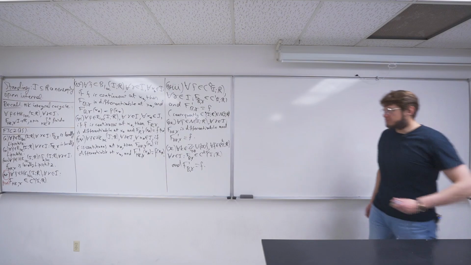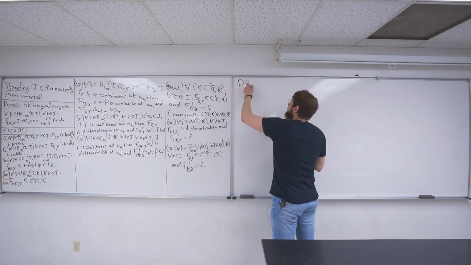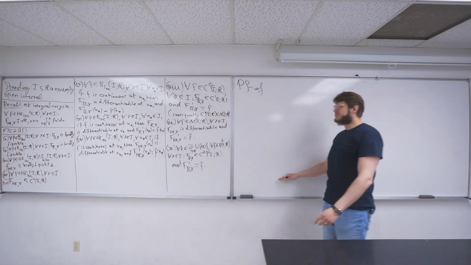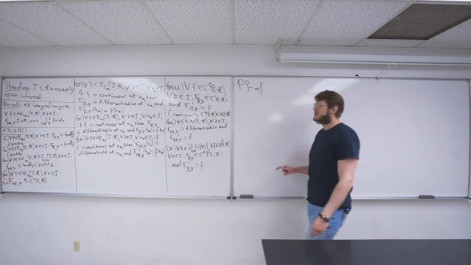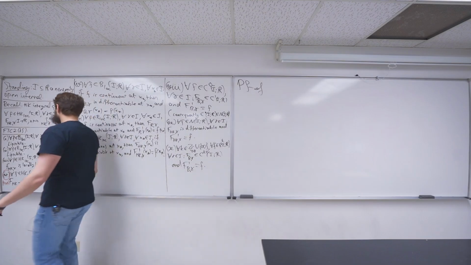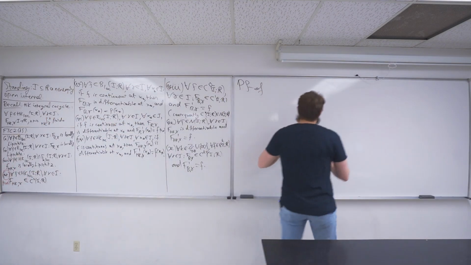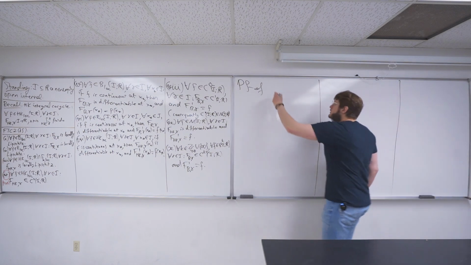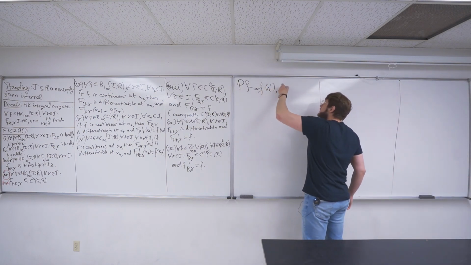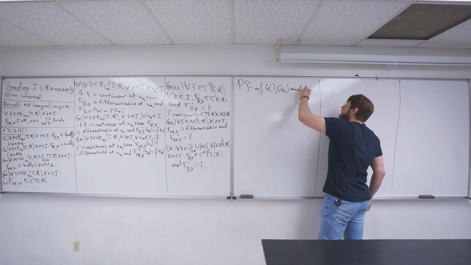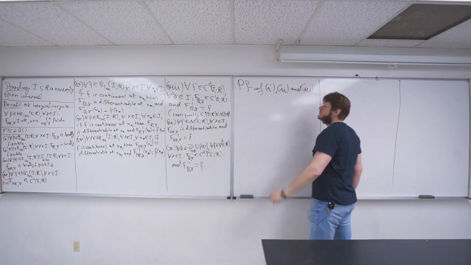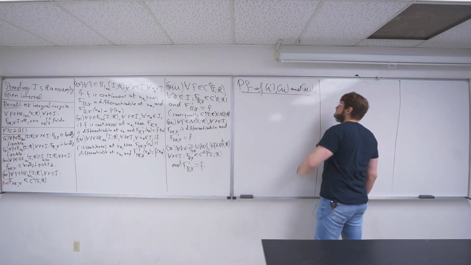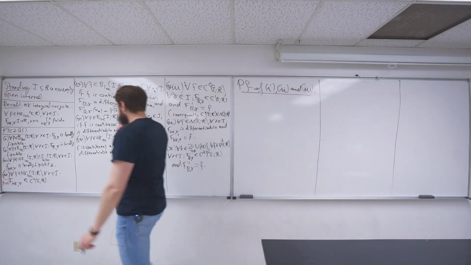So, proof of 1, 2, and 3, okay? The same statement is going to apply to all 3 of them insofar as you interpret the integral accordingly. You can also say 3 implies 2 implies 1, but the point is this.